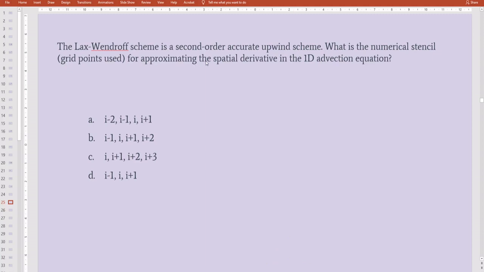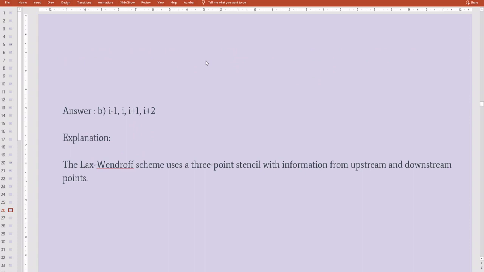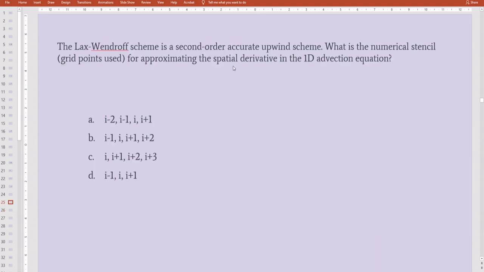Yes, the answer is right. We will be needing these 3 points: i minus 1, i plus 1, i plus 2. This 3 point stencil is required for finding the spatial derivative.